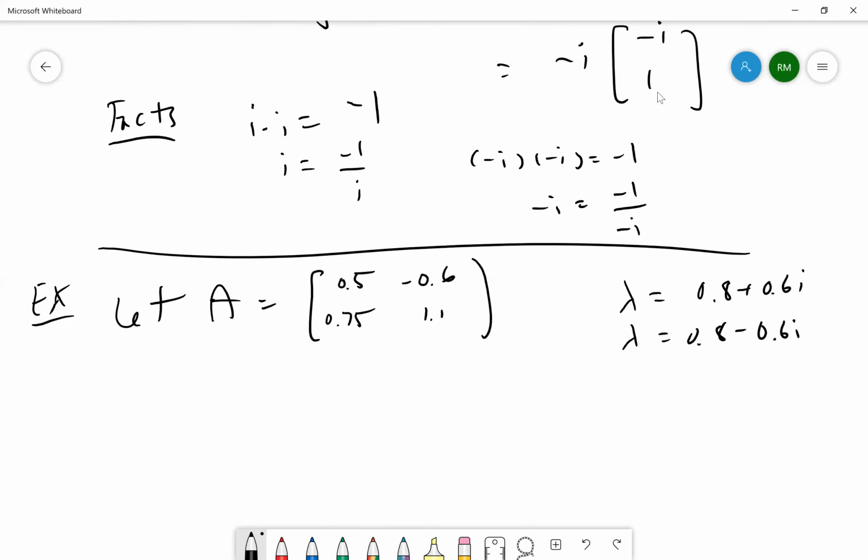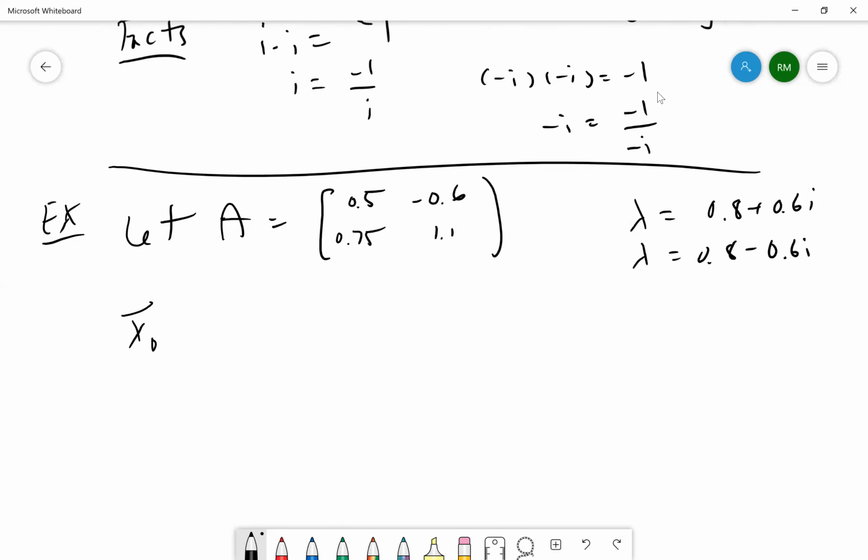So let's let the vector x0 equal (2, 0), and let's see what multiplication by A does.